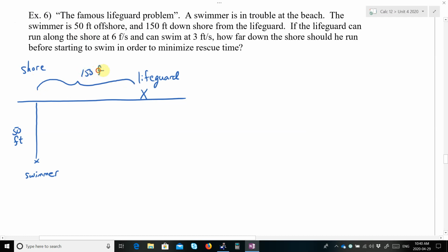Okay, this is 150 feet. If the lifeguard can run along the shore at 6 feet per second and can swim at 3 feet per second, how far down the shore should he run before starting to swim in order to minimize rescue time? Okay, so the lifeguard is going to come along here to some point P and then swim the rest of the way.